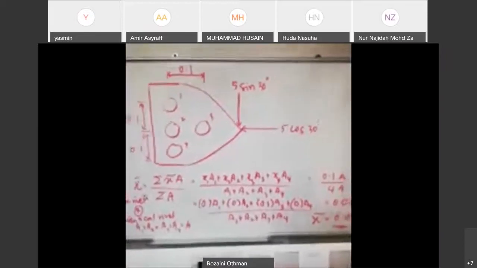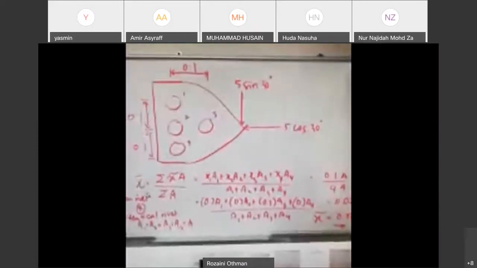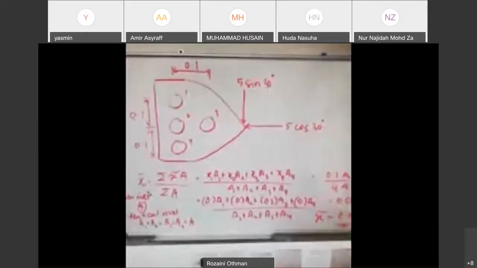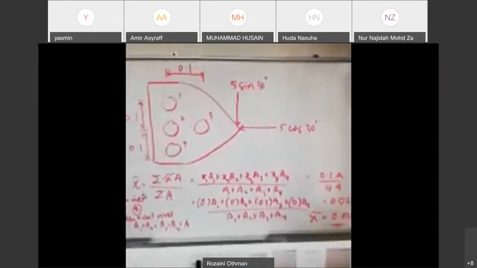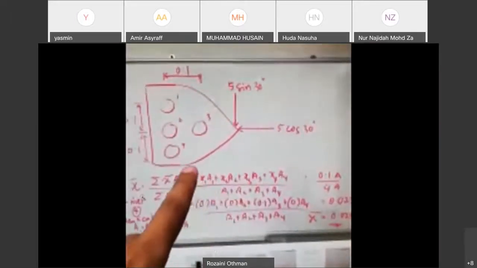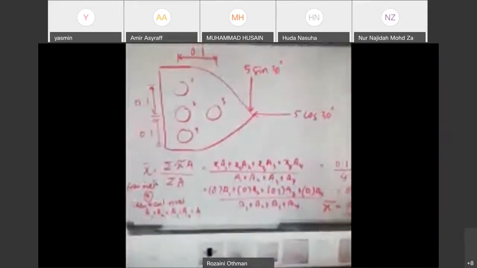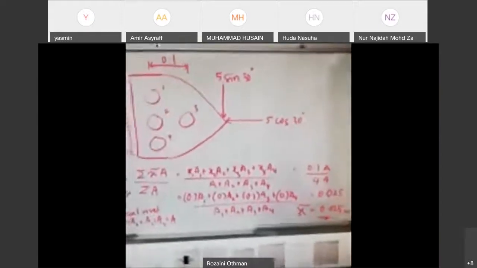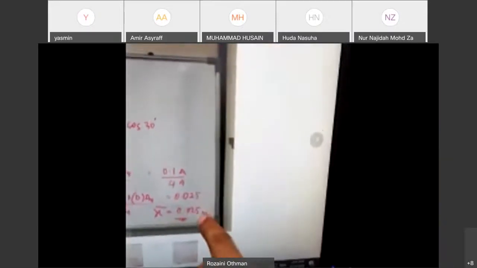But if the area is not the same, maybe some are small and some are big, so each rivet has a different area and diameter, then we need to include each area, for example the area of rivet number 1 and rivet number 2. So we have to include them. But in this case the area is similar, so it should be okay. Then we insert the values. So we get 0.1 A over 4A, and then we will get 0.025 meter.